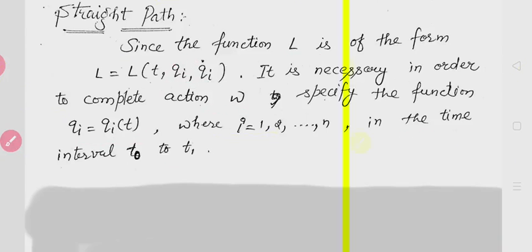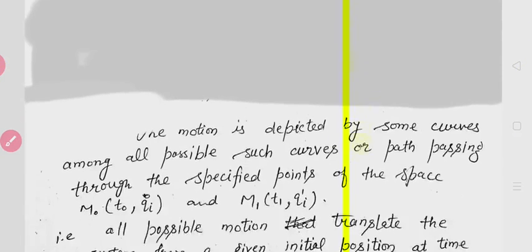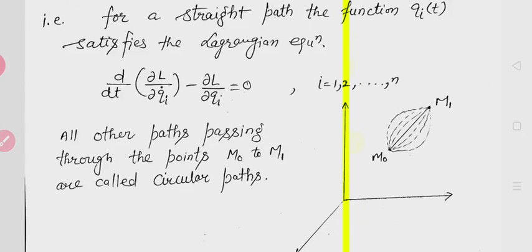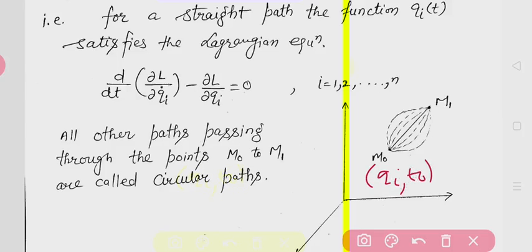The system will move along the state path. Let me tell you again by using this one, right? So if I take the n plus 1 dimensional space, where m0 is a function of qi and t0, similarly this m1 is qi and t1, right? So i is varying from 1 to n. So this is an n plus 1 dimensional space.